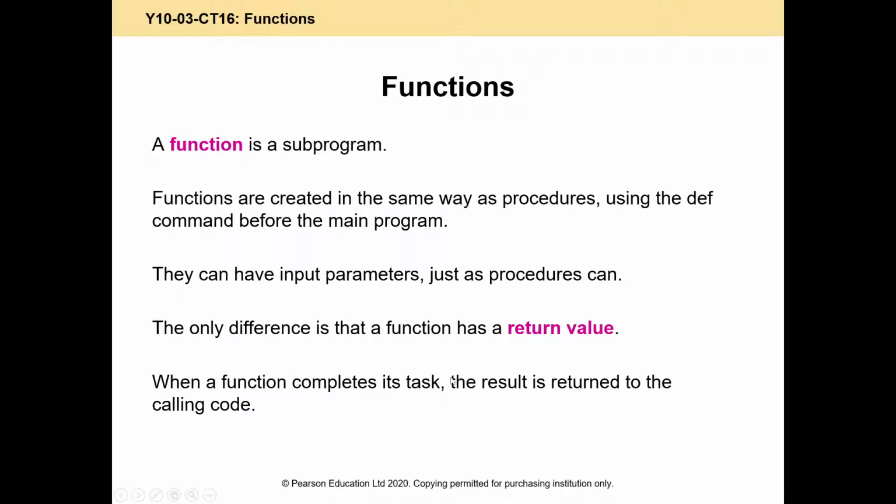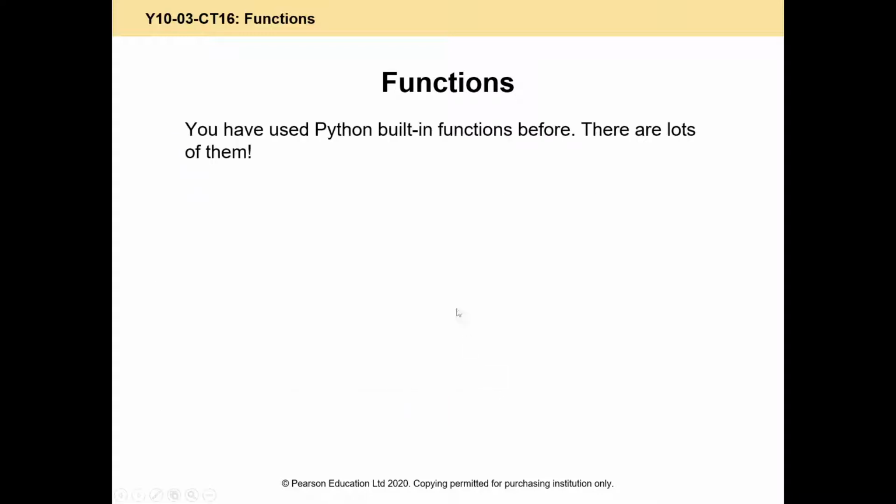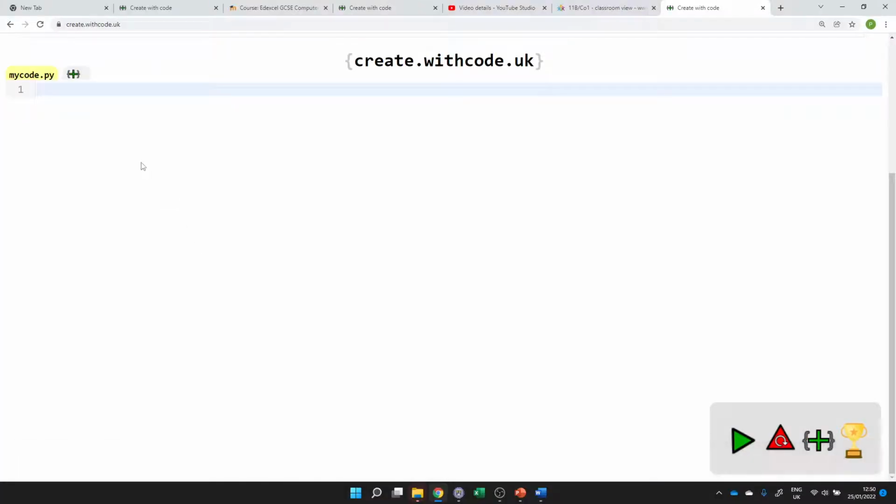What does that mean? It means when you do something in a function, if there's an end result or a calculation or a thing that you want to send back, the return value is the thing that you send back. So have a look. As an example, we wanted to find the biggest.